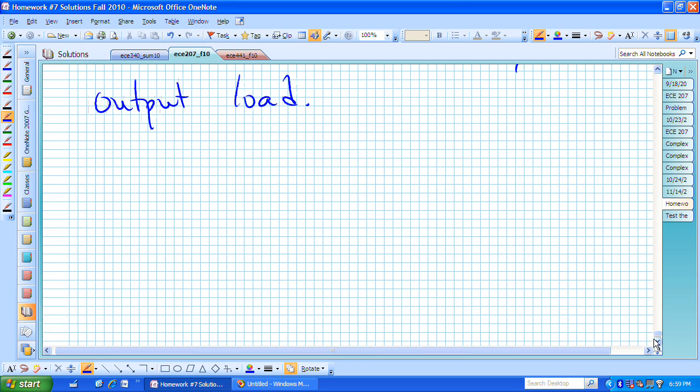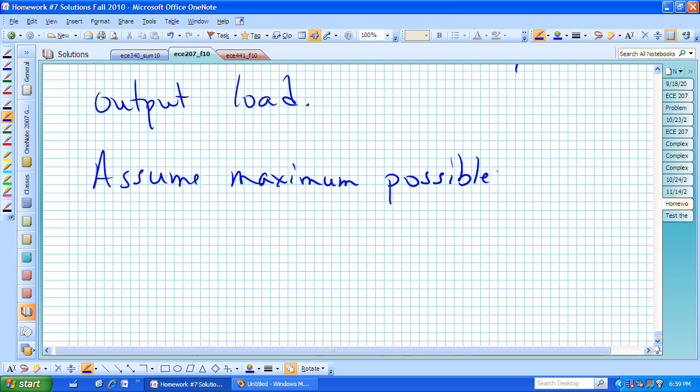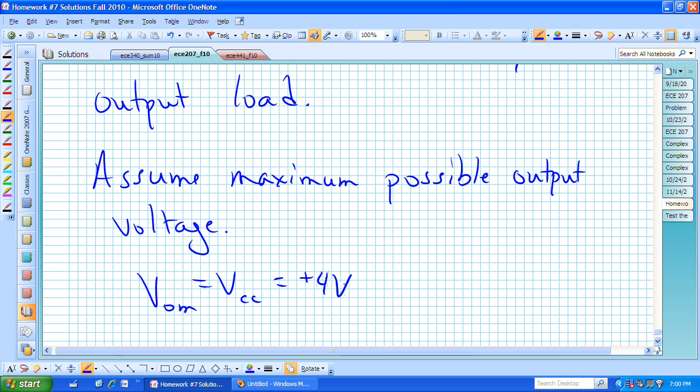To check that current, let's assume we are going to get the maximum gain out of our non-inverting op-amp circuit. Let's assume the maximum possible output voltage, which says that V sub OM is V sub CC, which is equal to minus V sub EE, that's 4 volts. We assumed a symmetric power supply.